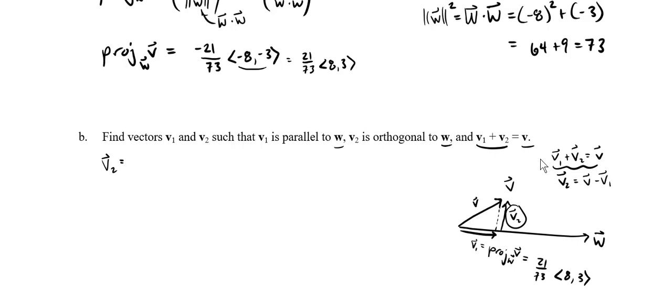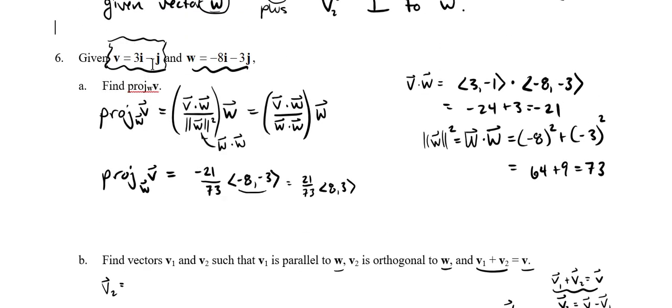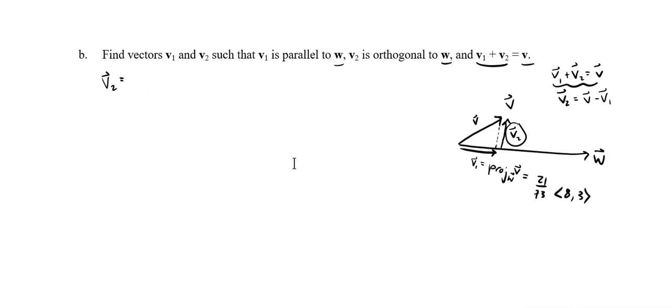Just subtract the V1 over. So it's the V we started with. If you remember, the V that we started with is this vector (3, -1). And all we're going to do, that's our (3, -1), subtract off V1. Subtract off that projection vector we found.